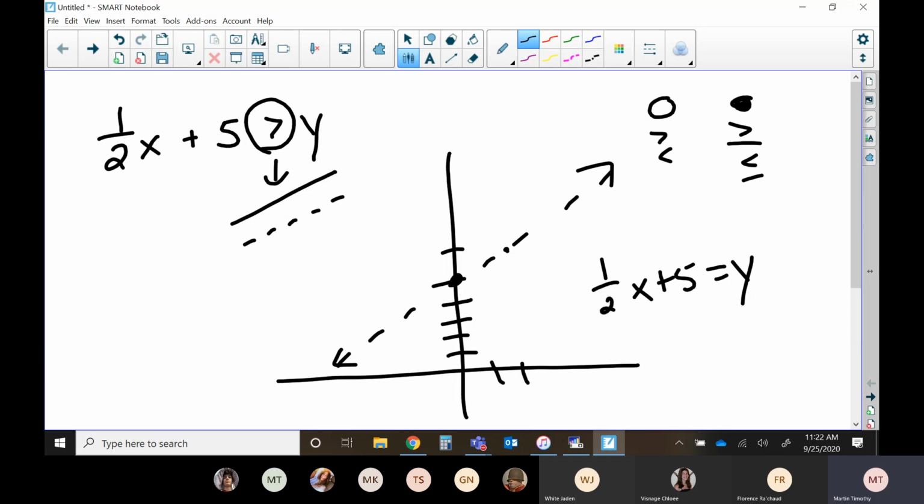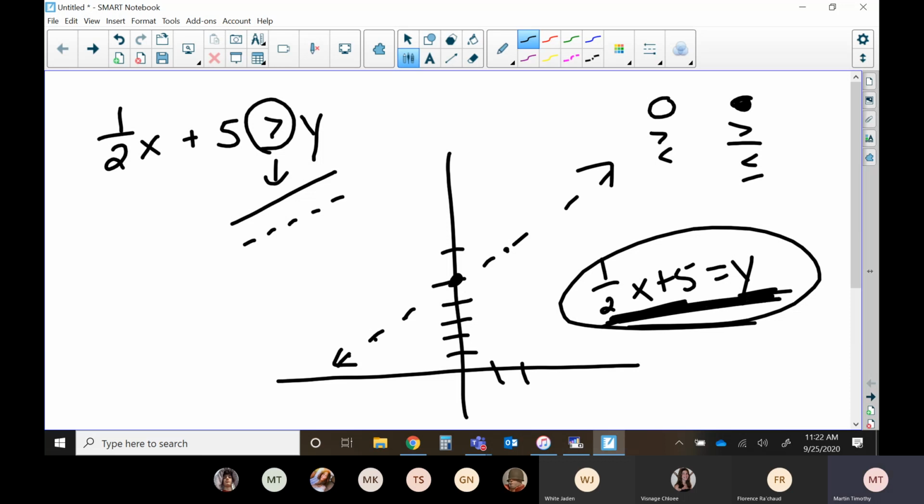Do you guys get what I mean by that? On my point, if I'm on the line, what do I know about the left side and what do I know about the right side? If I draw this, the left side is always going to be equal to the right side. That's what this line is.